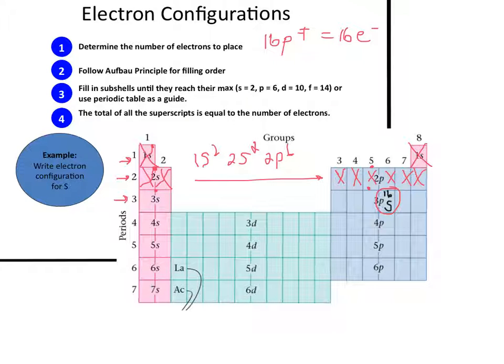That completely fills the second energy level. I'm going to the third energy level, where I have the 3s block. Electron 1 and 2 will go there. I move over to the 3p block, and I'm going to count over until I get to element number 16, and that gives me 4 electrons. So my electron configuration is 1s2, 2s2, 2p6, 3s2, 3p4.